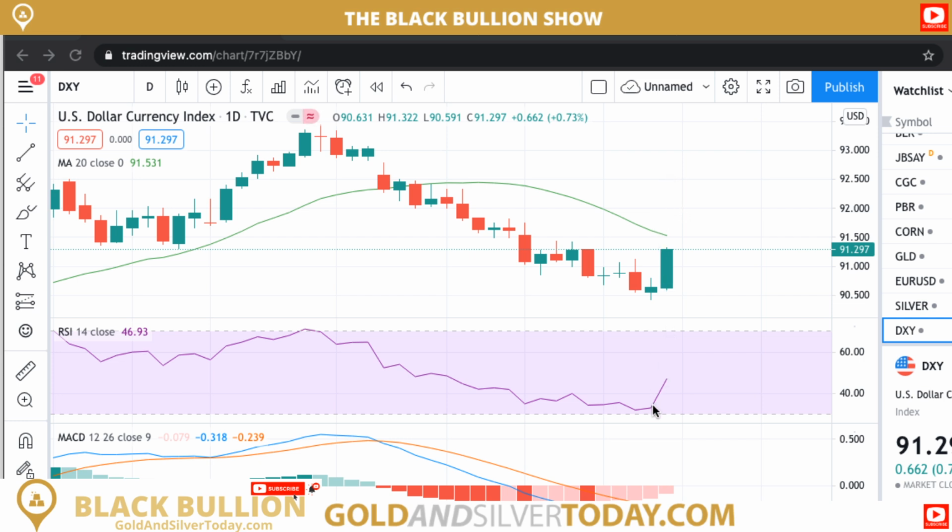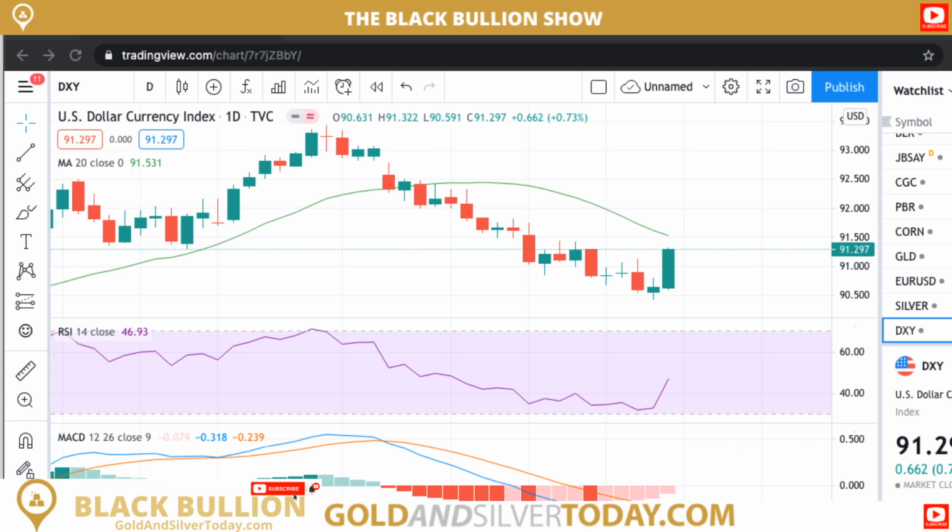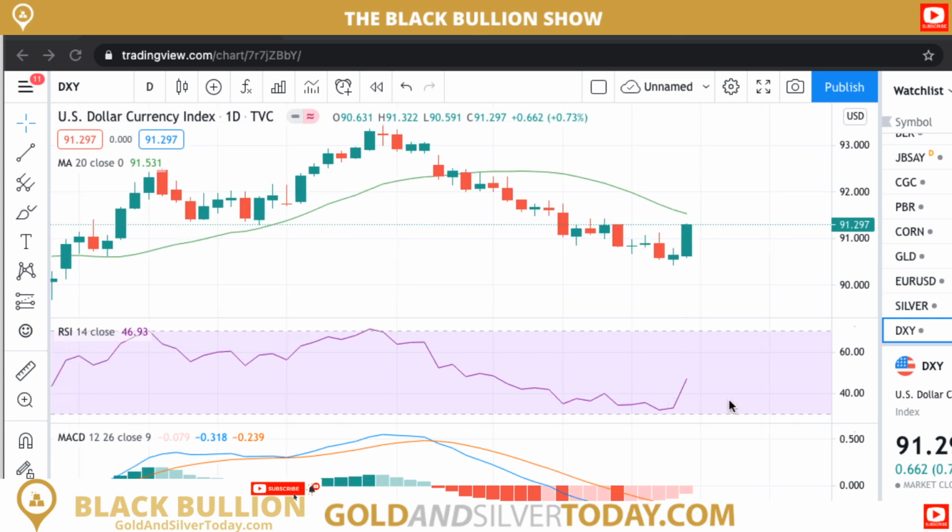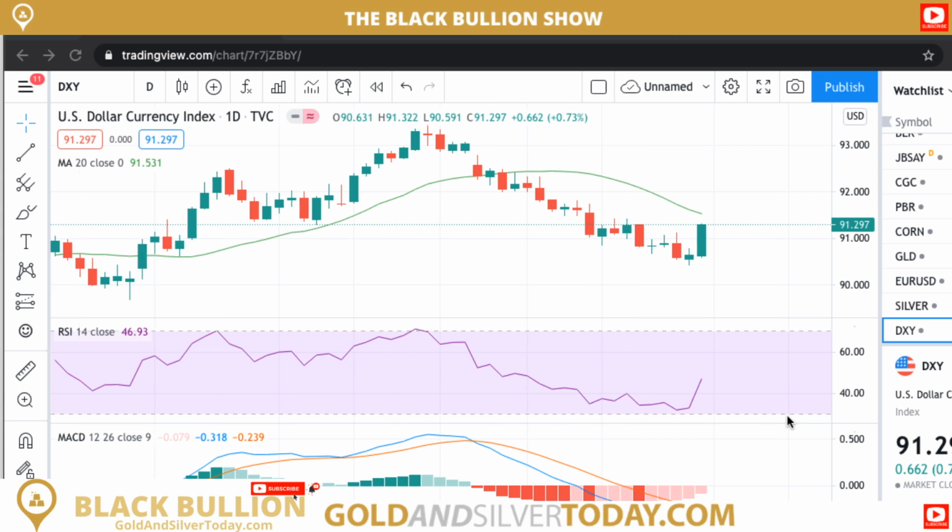We also have here the RSI, which has now hit an inflection point, it looks like, and has shot up, obviously matching the strength of this pretty, strong green candlestick. And it looks like we are now edging back up here in the MACD. So let me scroll down here so you can see it a little bit more.